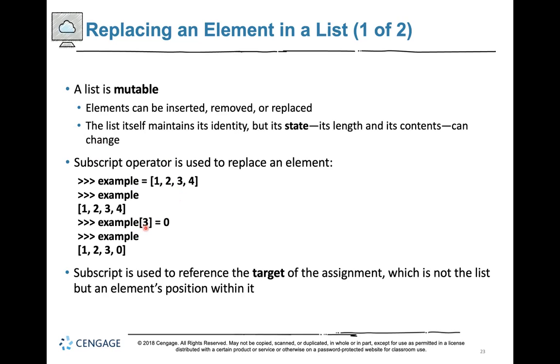And then the example, subscript 3 is, well, 0, 1, 2, 3, it will be the last element in this list. And then we're changing the value of that item to 0. So you end up with 1, 2, 3, 0 here.